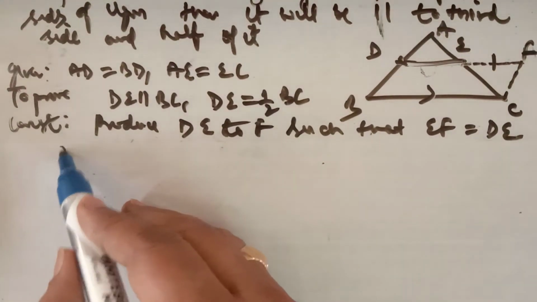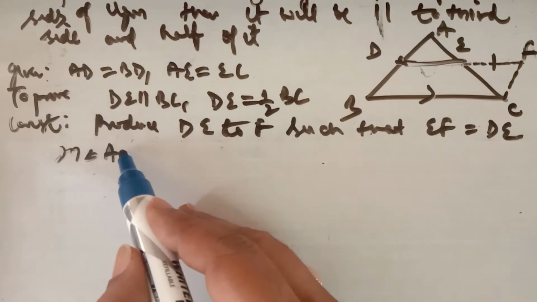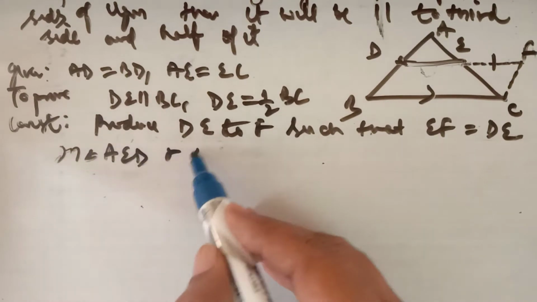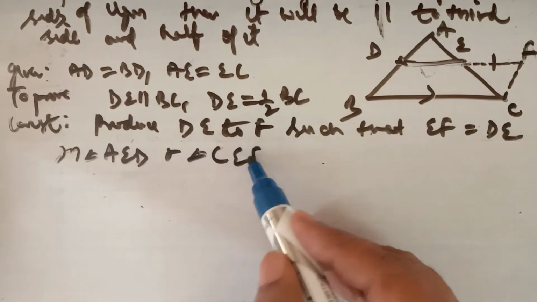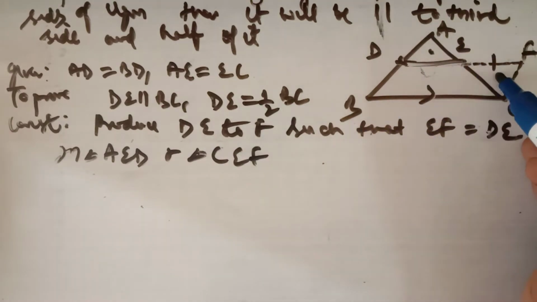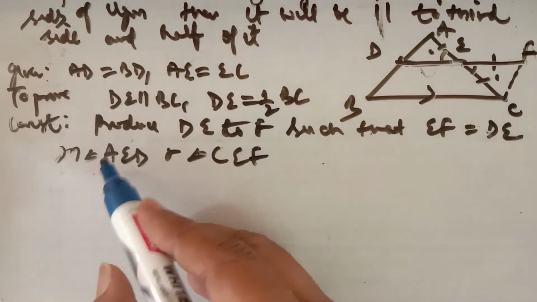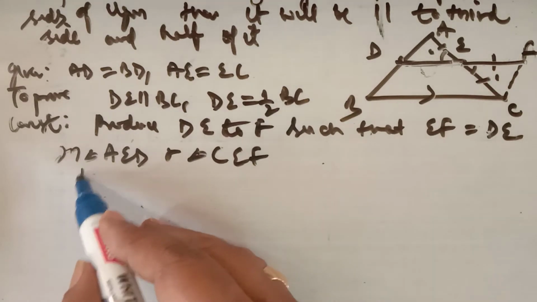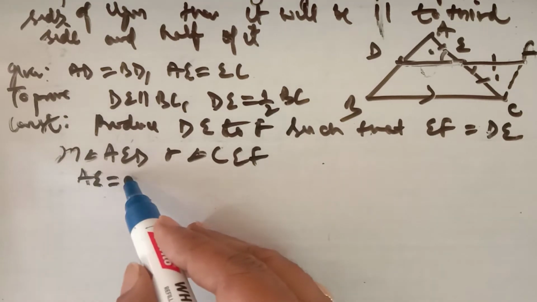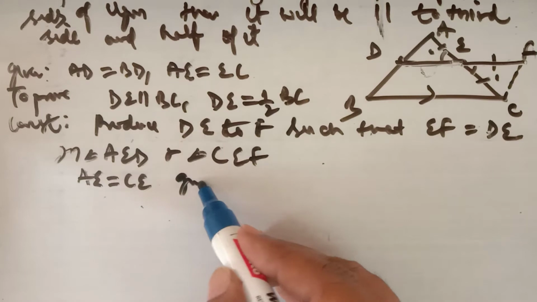Now, after that, I will prove that triangle AED and triangle CEF are congruent. AE is equal to CE, it is given.